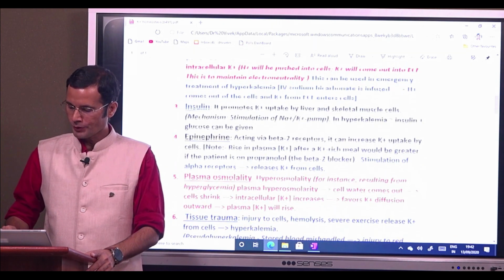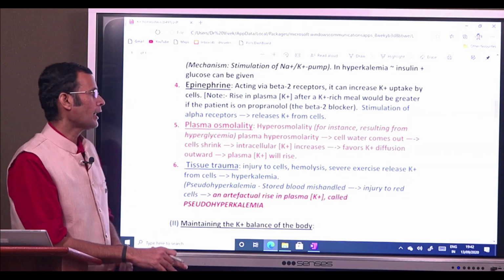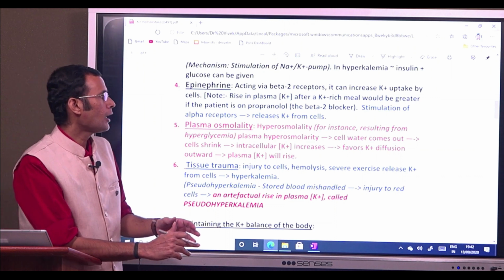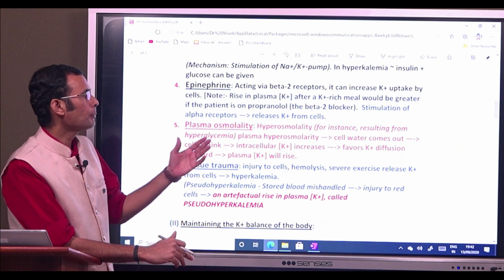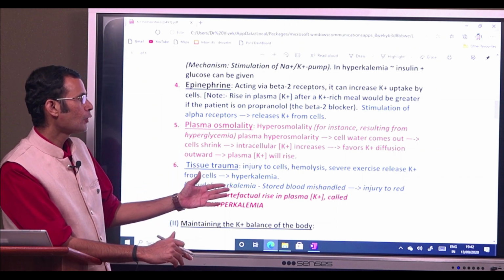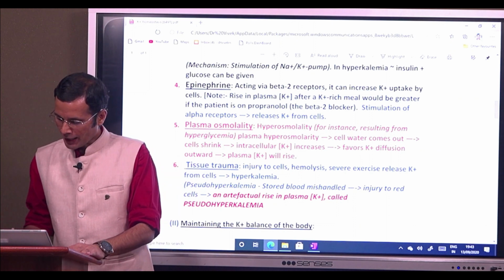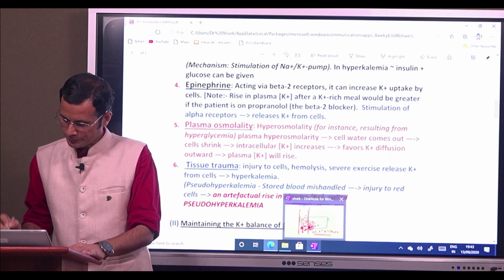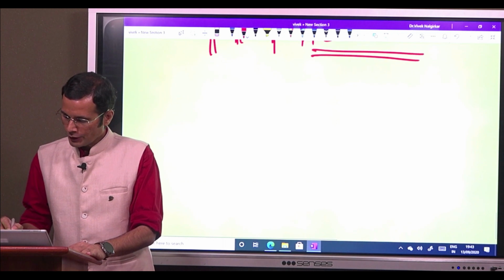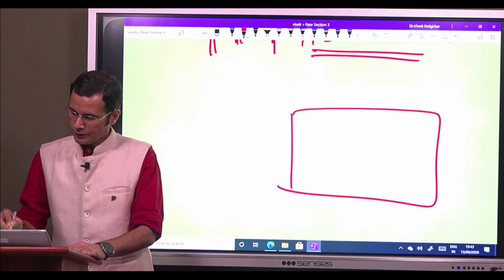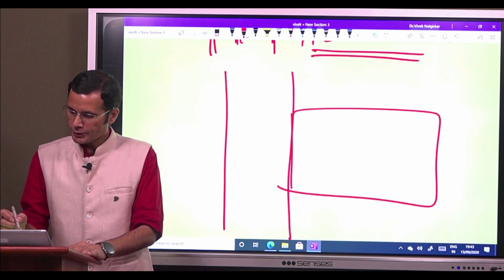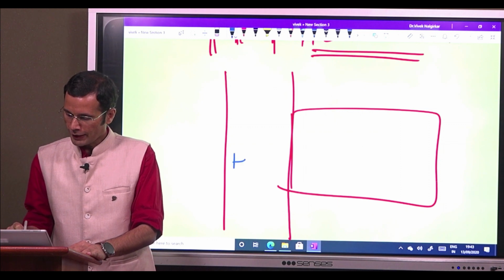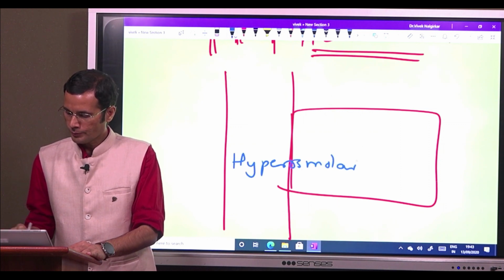Plasma osmolality. Look, now if there is hyperosmolality, what will happen? If the plasma osmolality increases, here is a cell and here is a blood vessel, and the plasma becomes hyperosmolar.